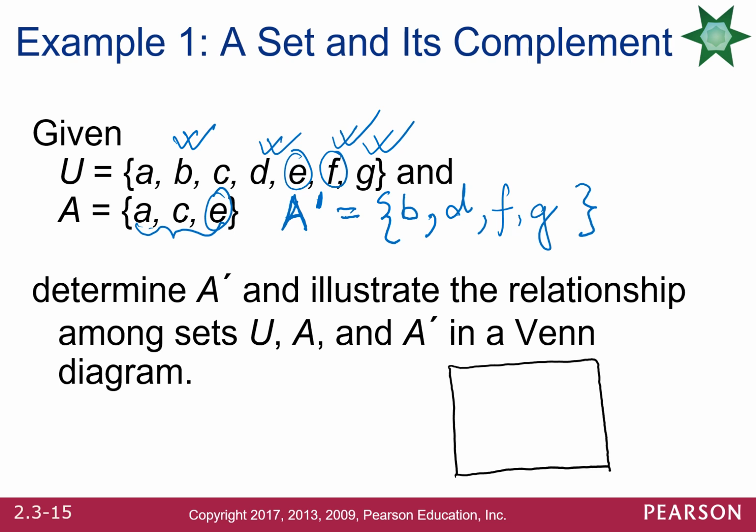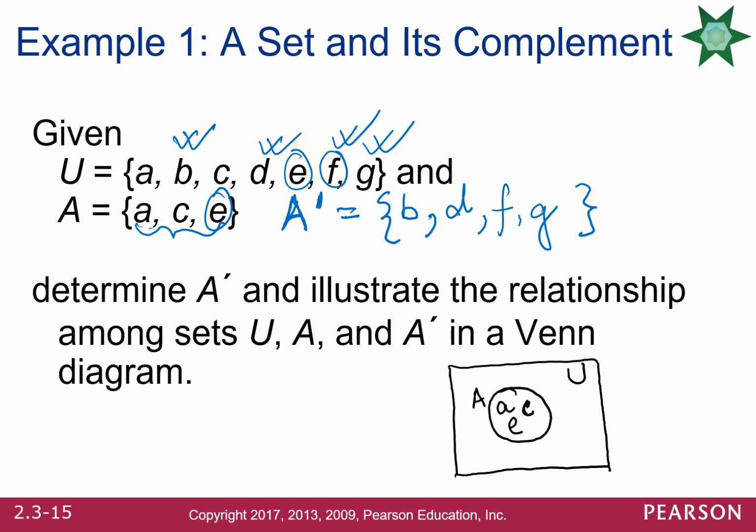So here we have the universal set, and the universal set has a subset A, and the elements of subset A are A, C, and E, correct?